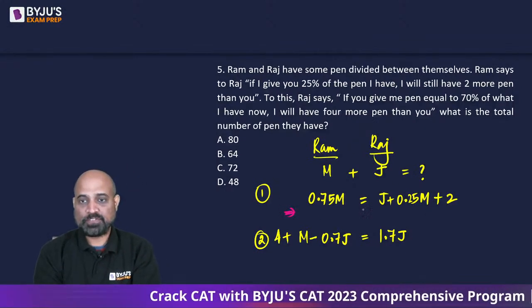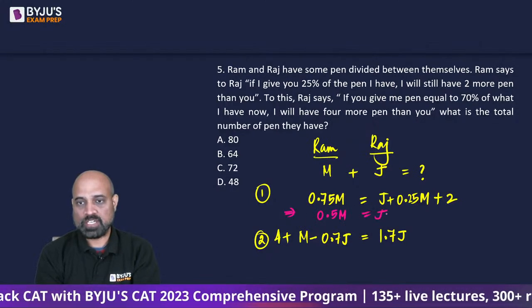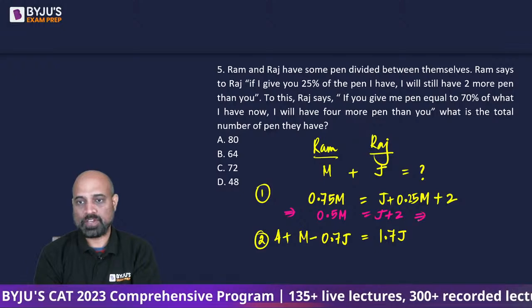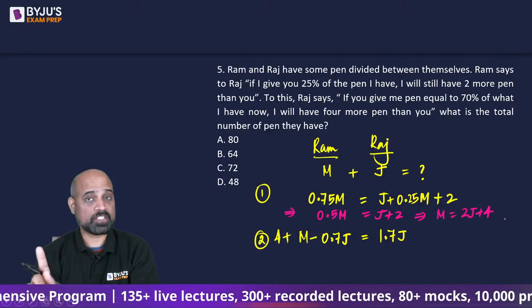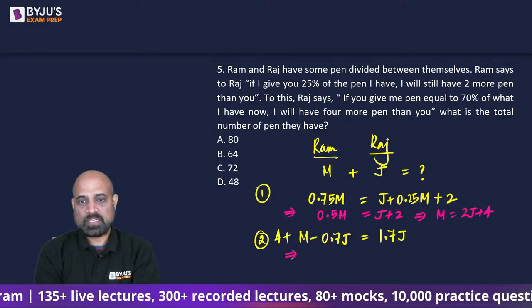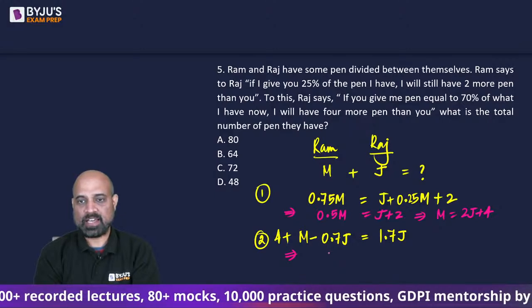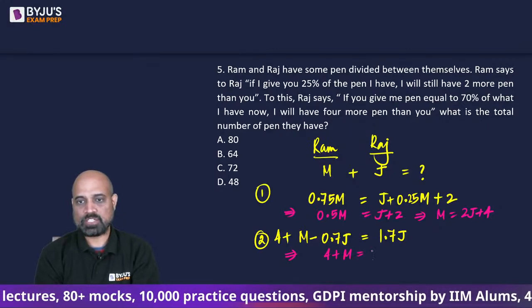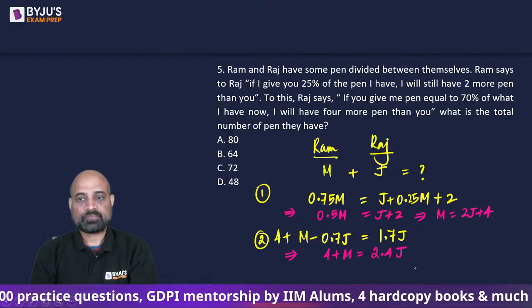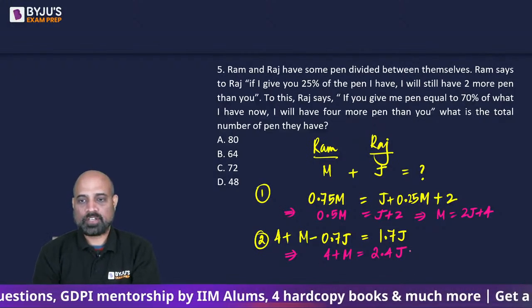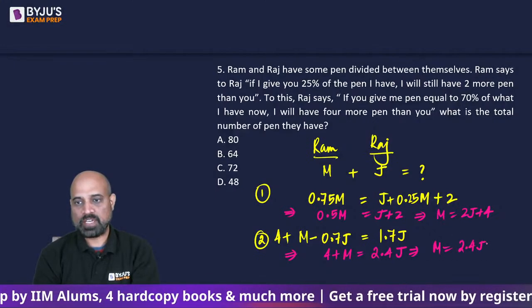So if we take the first one, we will get 0.5 M is equal to J plus 2, or we can rewrite this as M is equal to 2J plus 4. This is the first equation. Second one, if I take 0.7 to the other side, I will have 4 plus M is equal to 2.4 J. And let's do one thing, let me write M is equal to 2.4 J minus 4.